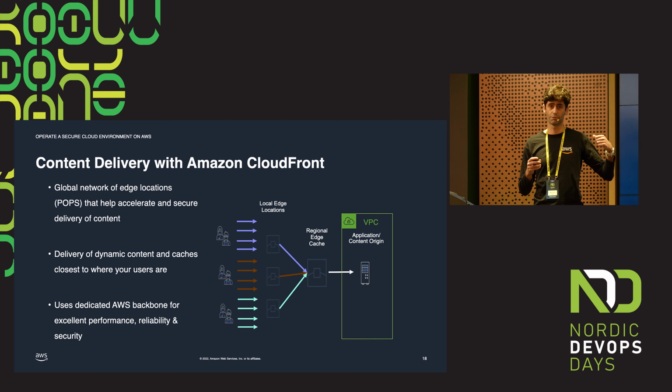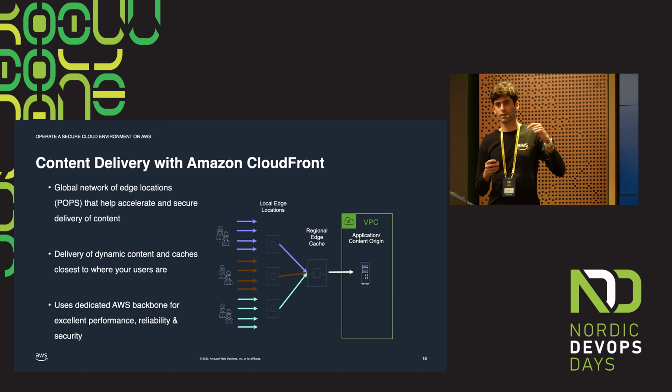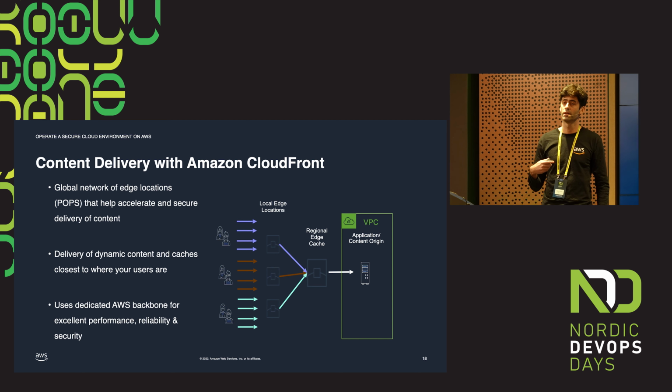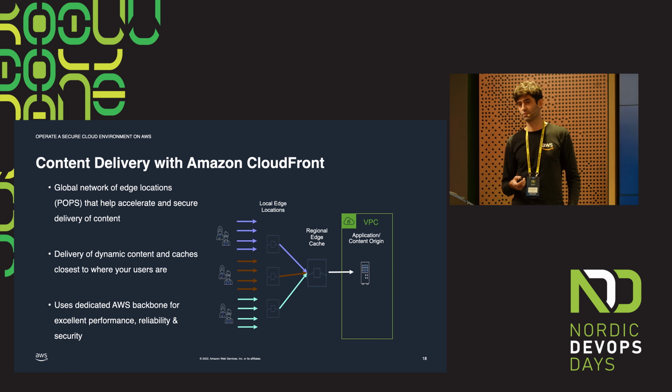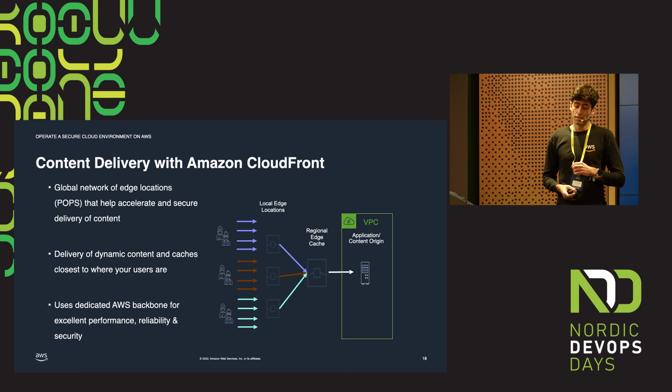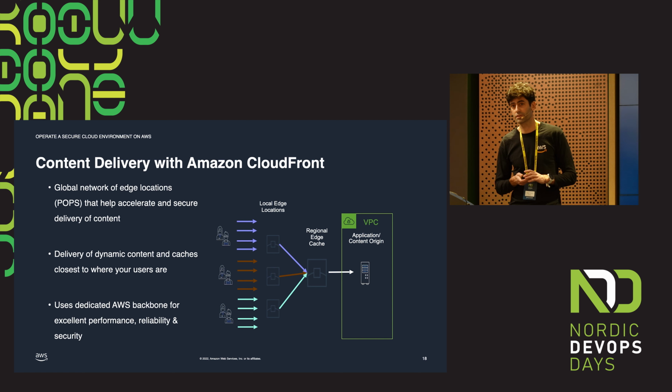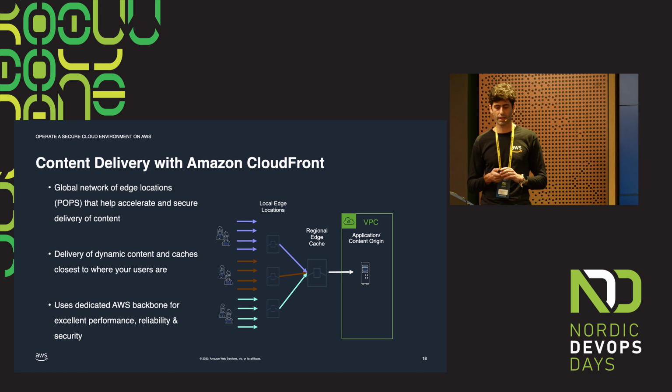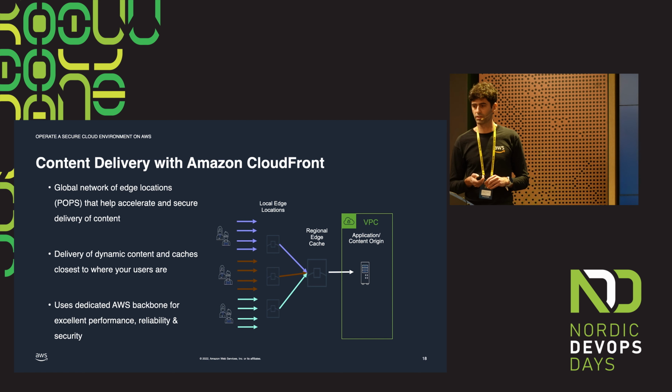If you do that, when your users try to access your application, they'll go to the nearest edge location, which is much closer than probably the nearest region. So latency will improve. You can also use it for caching, so the load on your origin, your web application, will reduce. But it also has good properties for security, namely against DDoS, distributed denial of service attacks, and I will explain why.